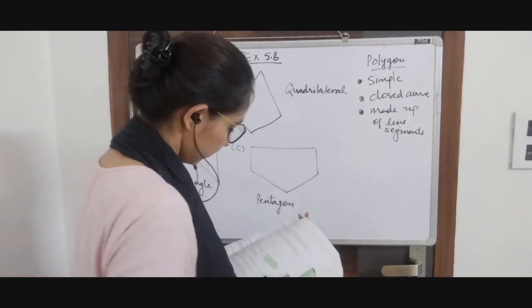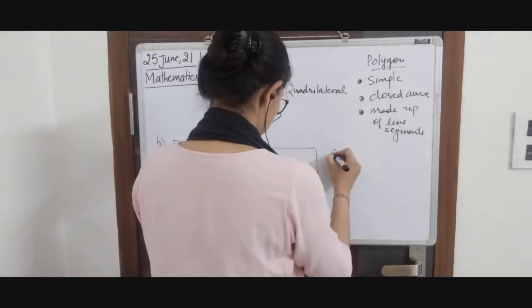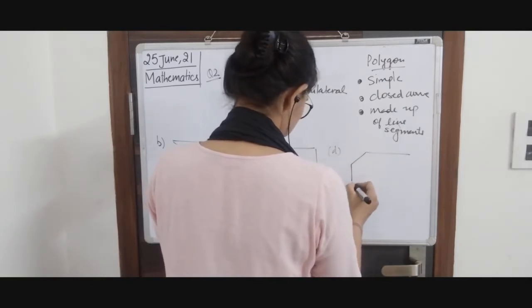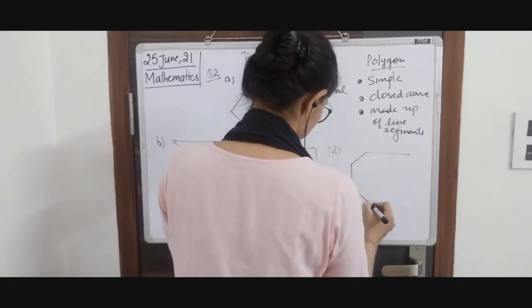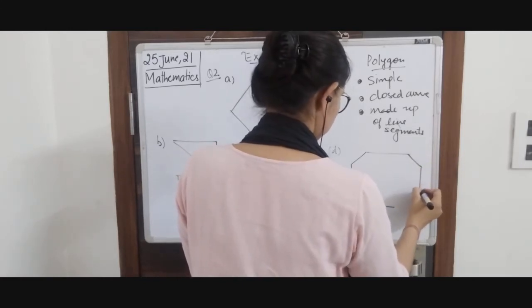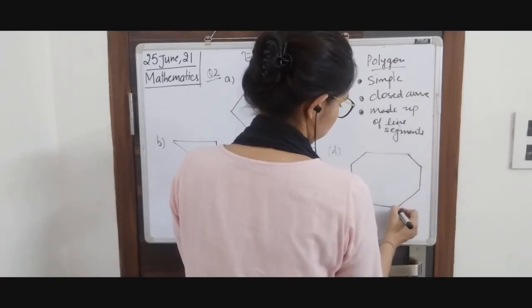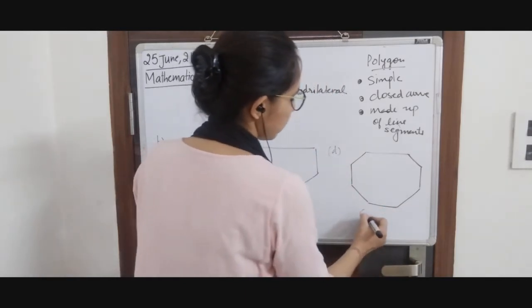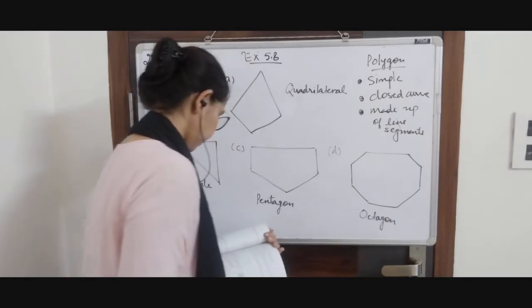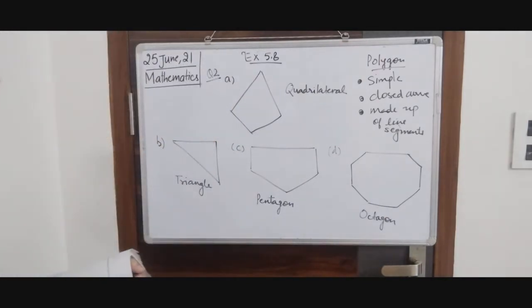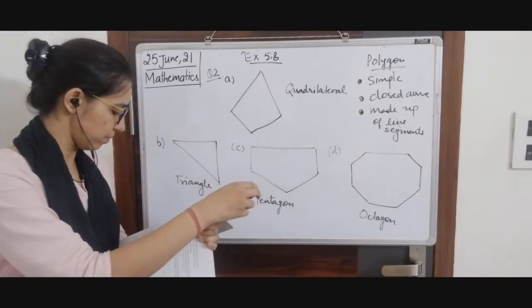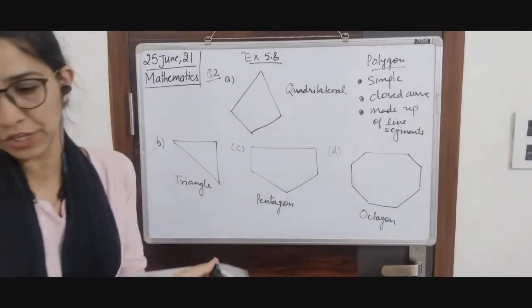And next we have D, it is 1, 2, 3, 4, 5, 6, 7, 8. 8 sides means it is an octagon. Now we have to make 2 more examples for each of these.